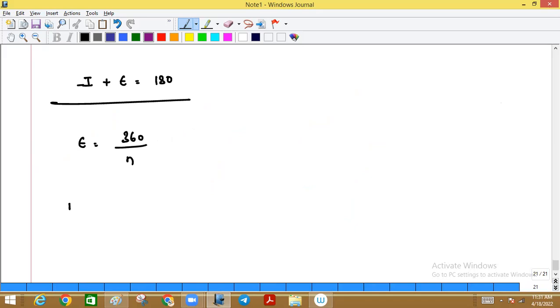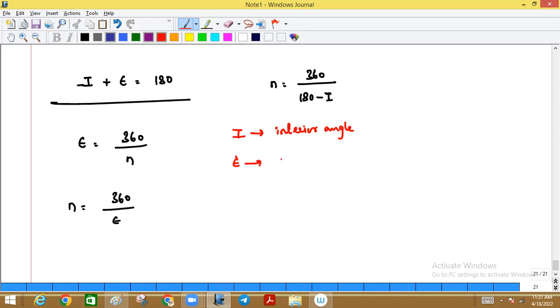What is the formula for number of sides when exterior angle is given? 360 by E. Can I also write number of sides is equal to 360 by 180 minus I, where I is interior angle and E is exterior angle? What is N?